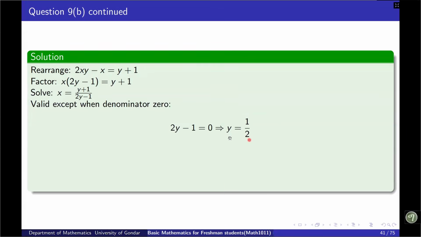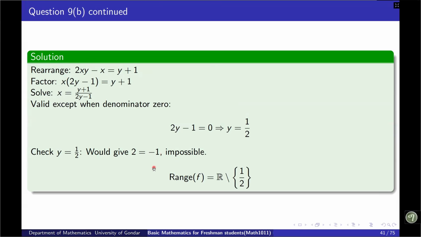At y equal to 1 over 2, this rational expression is undefined. Checking y equal to 1 over 2 would give 2 is equal to minus 1, which is impossible. Therefore, the range of the given function f is R without 1 over 2, where this is undefined.